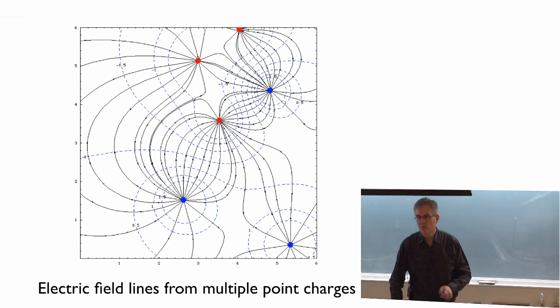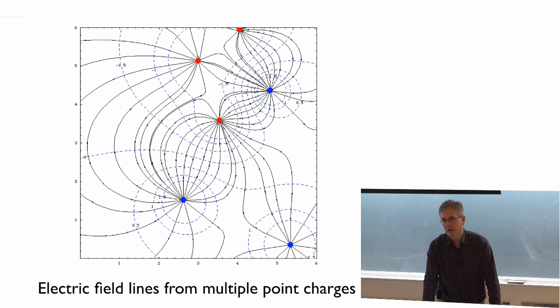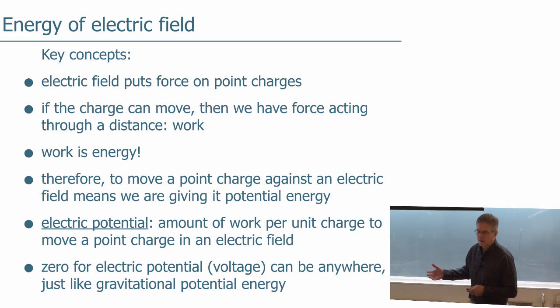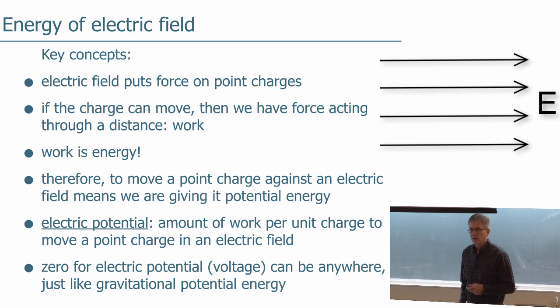Now, what we'd like to talk about is, when you have complicated arrangements of charges like this, we'd like a simple way to deal with the energy involved. So there are some key concepts to realize when we start talking about energy and electric fields. Firstly, we've already seen that if you have an electric field, whether it's due to a point charge or some other arrangement, it can put a force on a test charge, on a point charge.